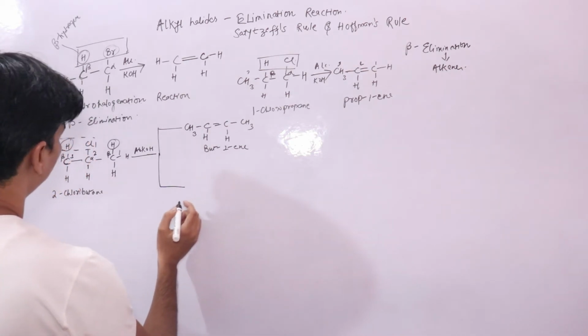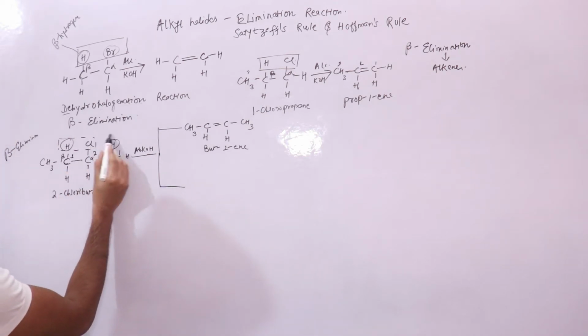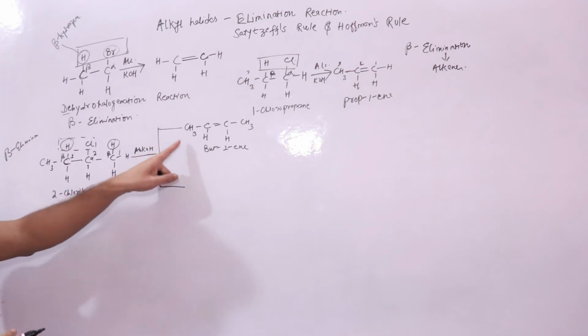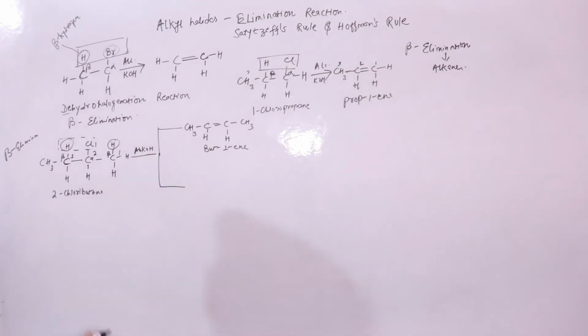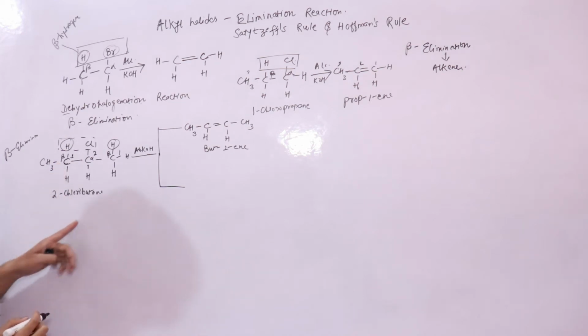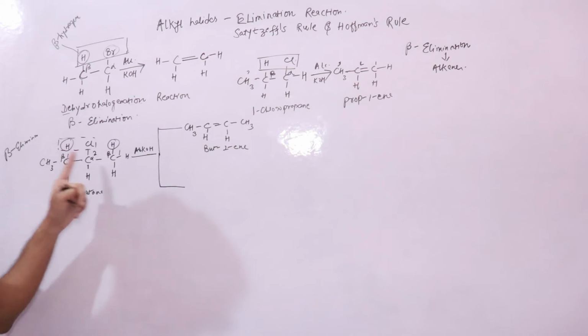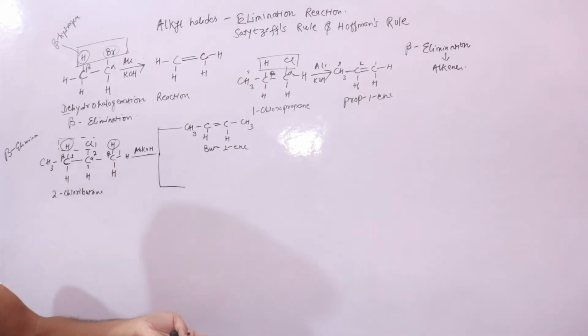Now let's say this one is eliminated. This is the alkene that we obtained by elimination of this beta hydrogen atom, right? Now this other beta hydrogen atom will also be eliminated, because as per beta elimination, beta hydrogens would be eliminated.